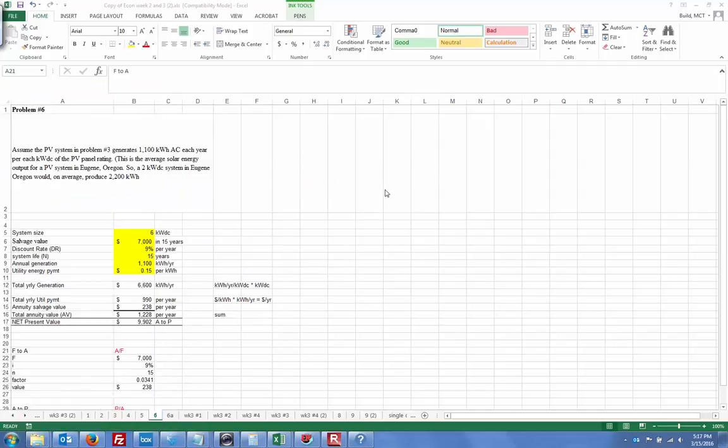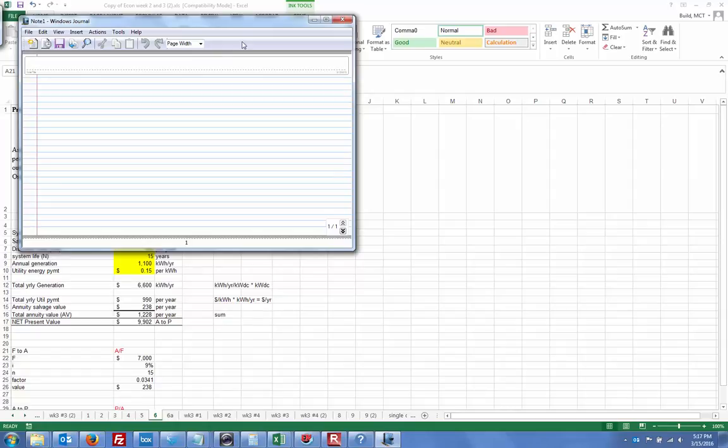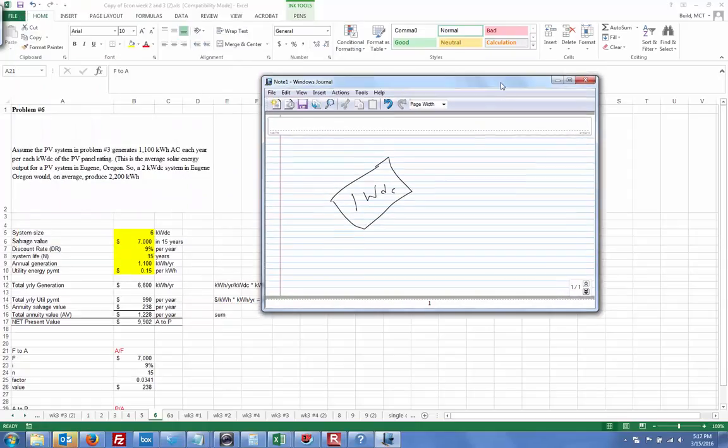So let's just say you've got 1 watt of DC coming into the system. Now let's just say 1 kilowatt. 1 kilowatt DC.